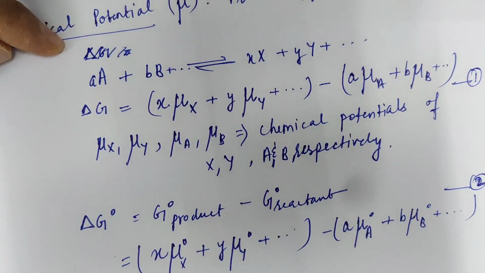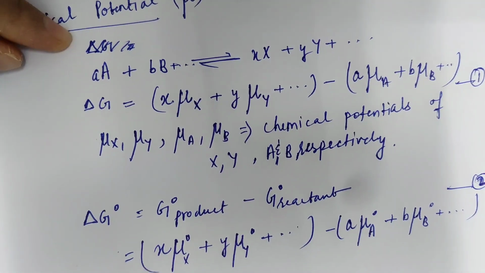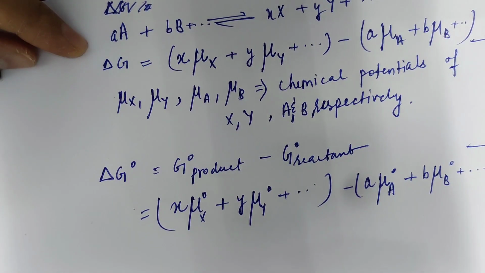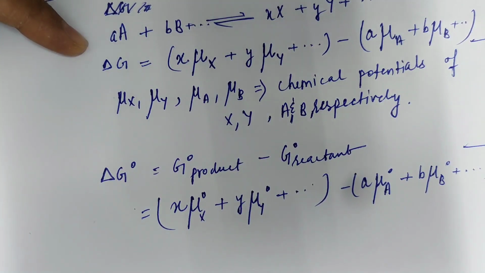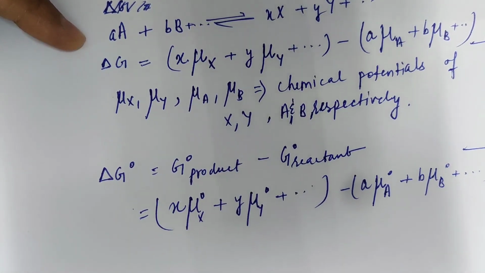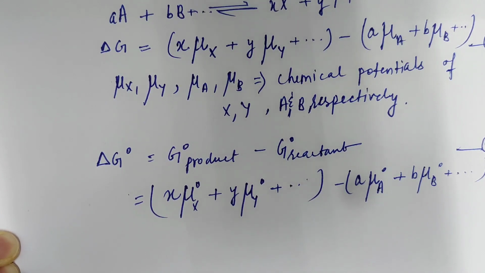The next thing that comes here is the delta G values. All of us know that delta G is equal to 0 at equilibrium. That means the Gibbs free energy of the products becomes equal to that of the reactants at equilibrium. That's why delta G is equal to 0 at equilibrium. And all of you must have studied this: a reaction is spontaneous when the delta G value is negative.